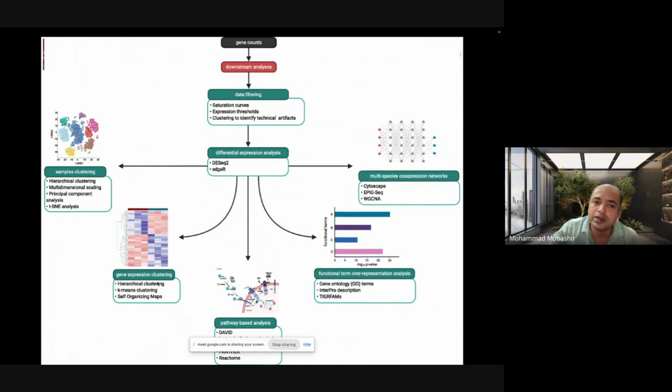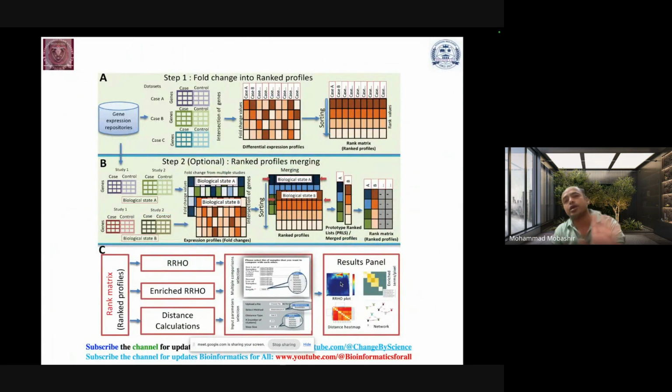Then you can think about gene expression clustering. Then you can think about functional term over representation, pathway enrichment analysis. Finally, you can conclude in the pictorial view, which is here. So you need to think about the p-values, fold changes, and how they are calculated, then what are the targets of our analysis, biological functions or networks, and what else.